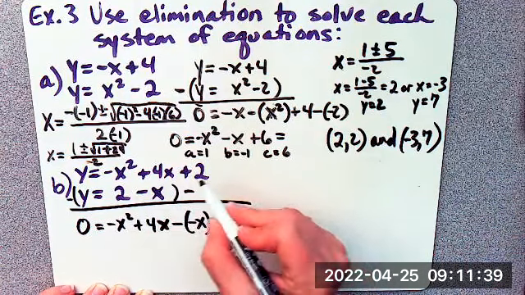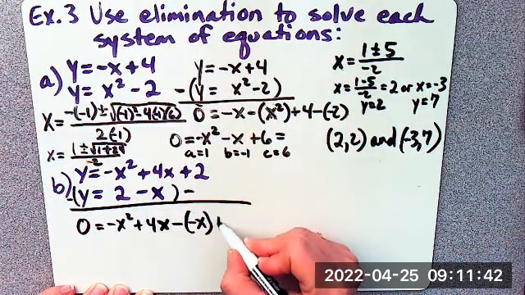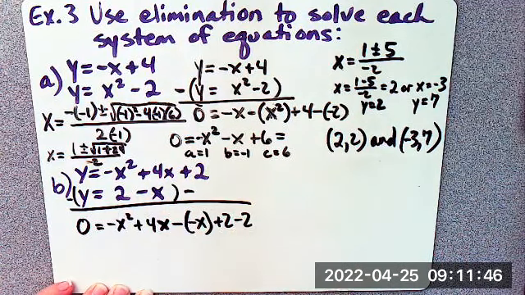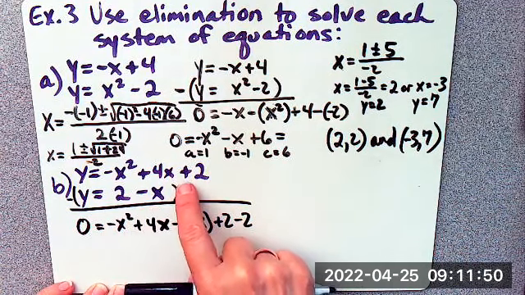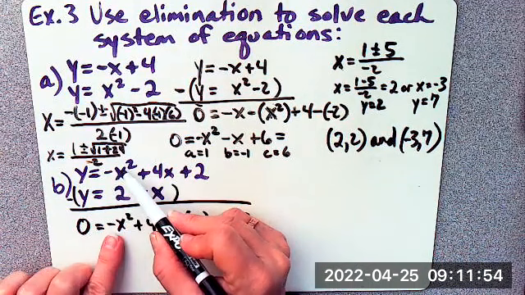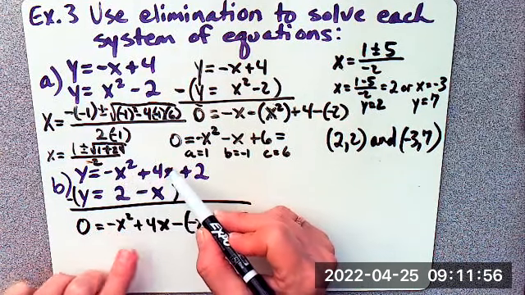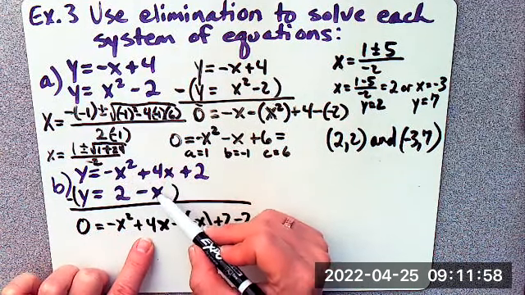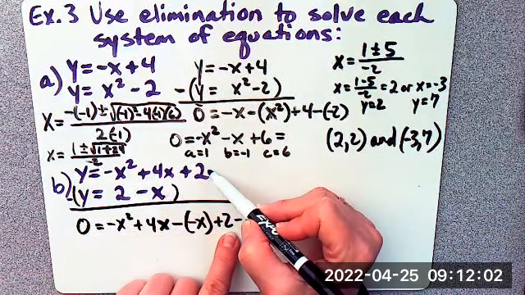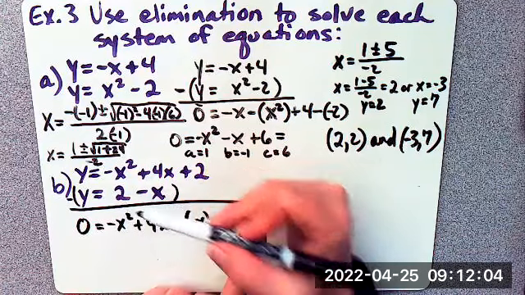And then I have 2 here, and then minus 2. So I'm trying to keep the like terms together. Since this isn't ordered well, I'm just keeping the like terms together. So I have negative x squared plus 4x minus the negative x plus 2, and then minus 2.